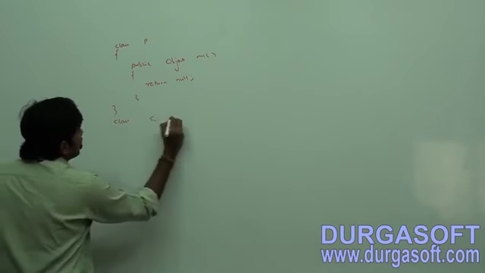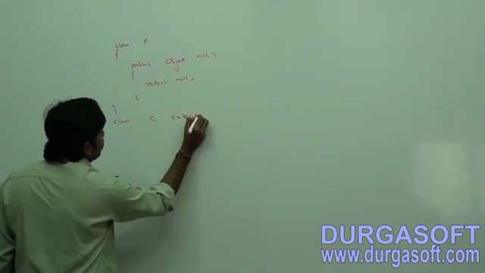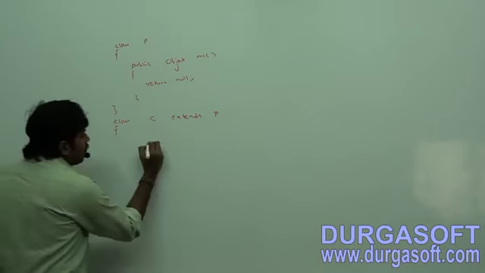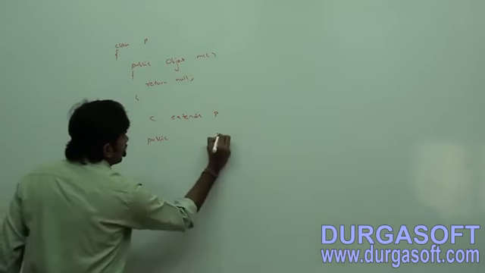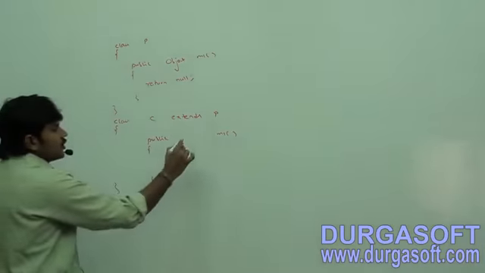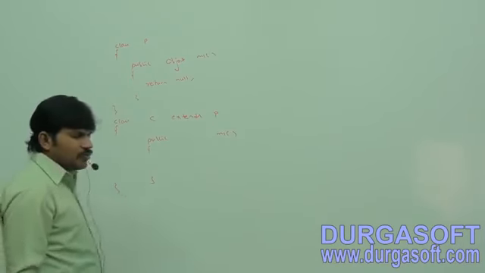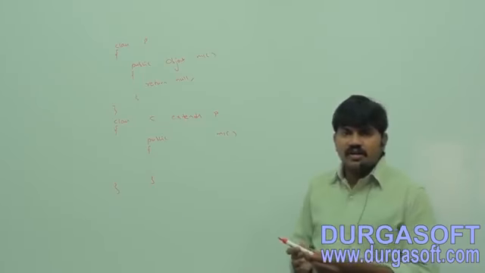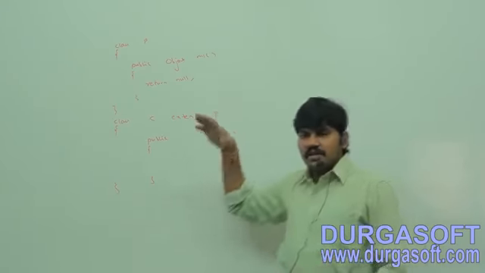Class C extends P. Now public m1 I am taking. Here just observe, the child class method return type should be the same as the parent method return type.